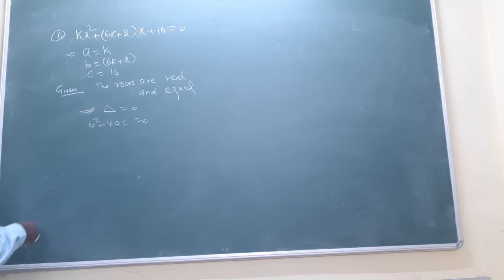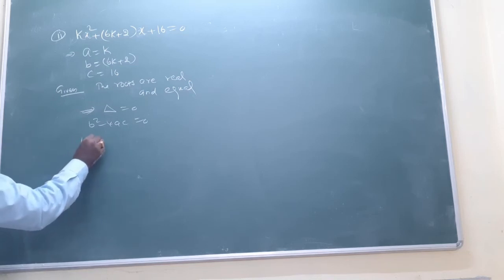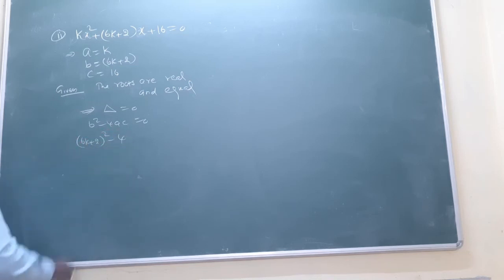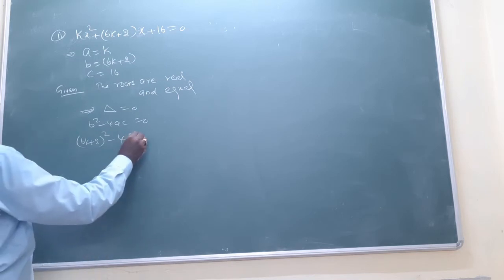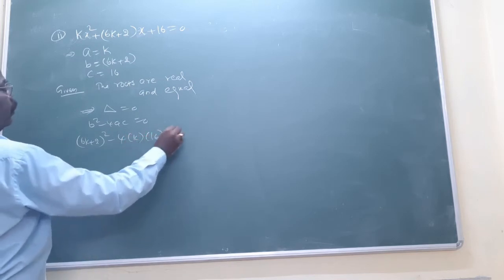Now substitute all the values. b square is (6k plus 2) whole square, minus 4 into a, which is k, into c, which is 16, equal to 0.